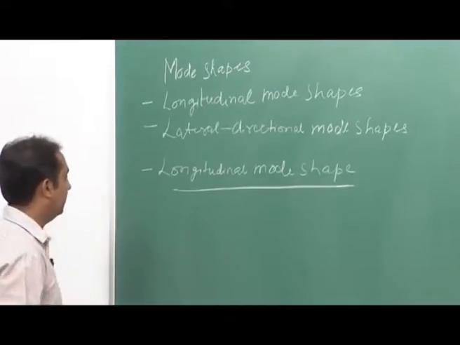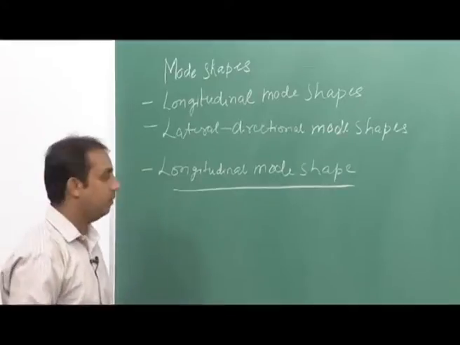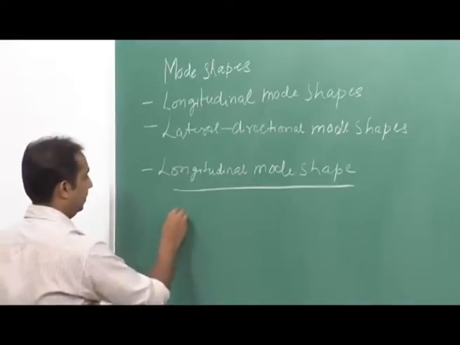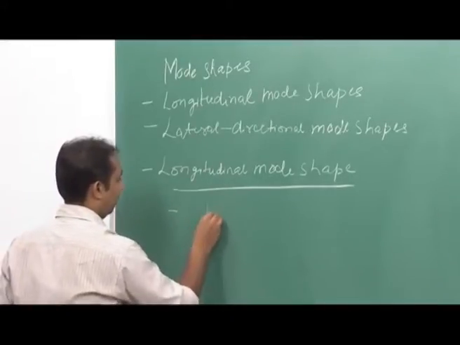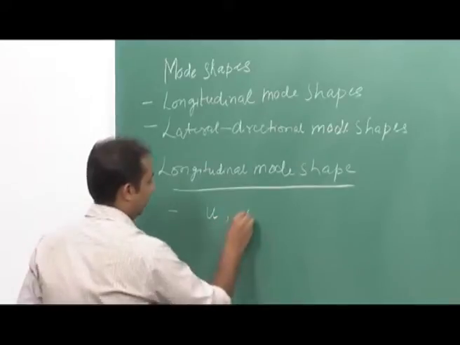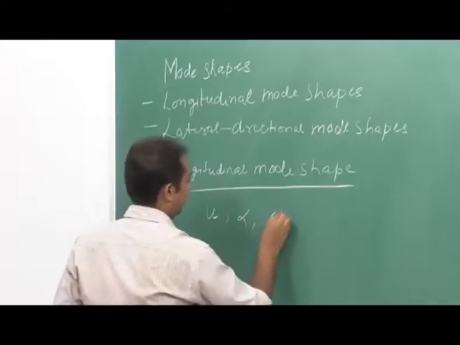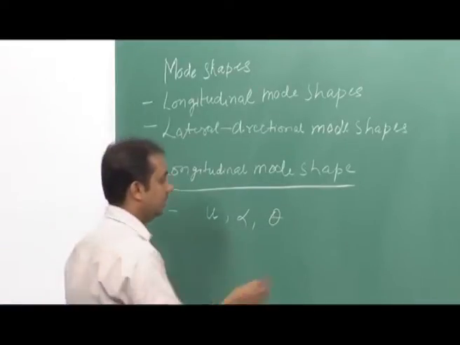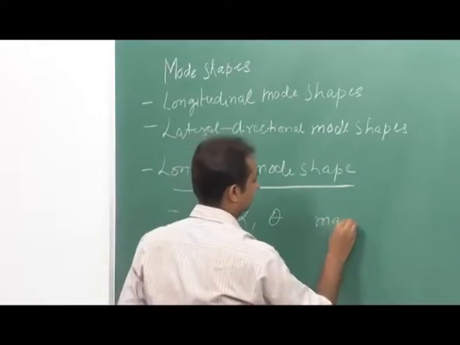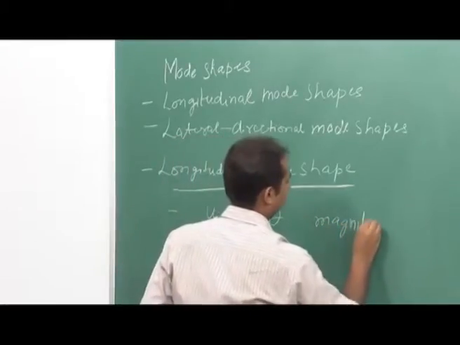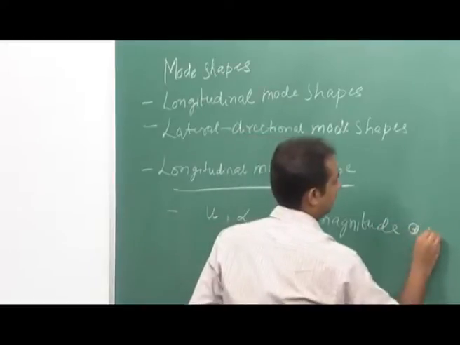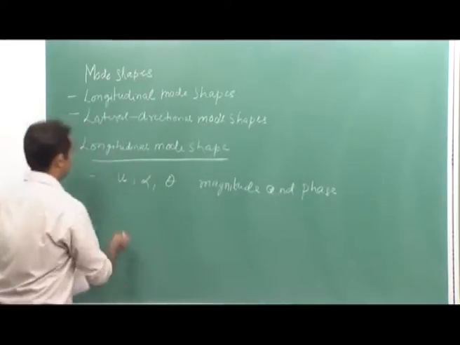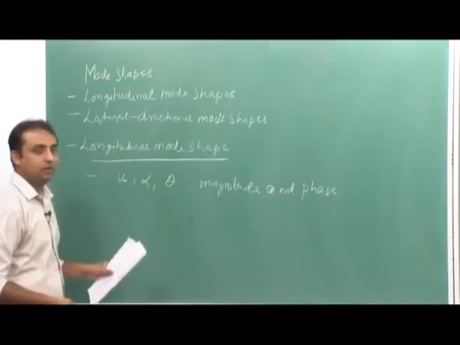A mode shape is basically the relation between the longitudinal variables, that is u, alpha and theta. What will be the relationship, or how they affect each other, in terms of magnitude and phase? What is the relation between these three variables in terms of magnitude and phase?